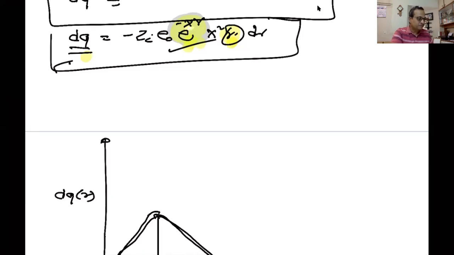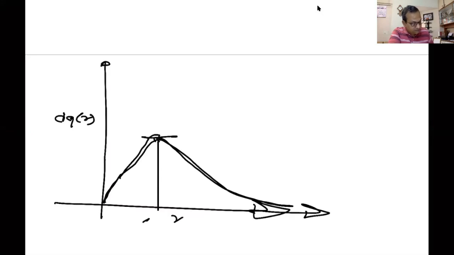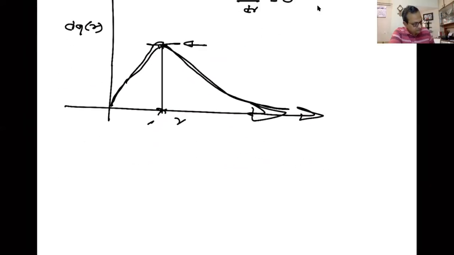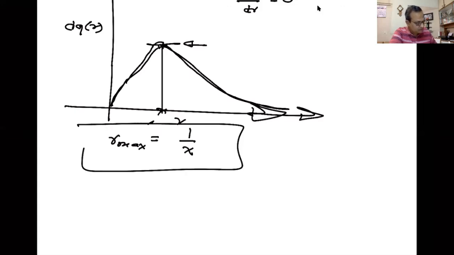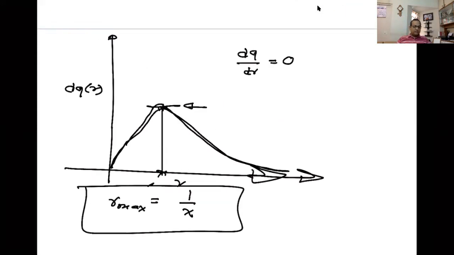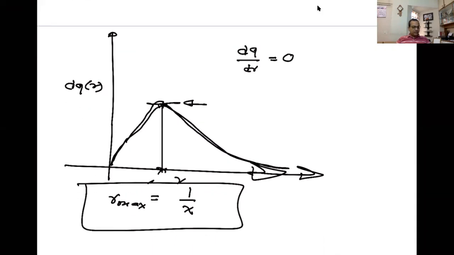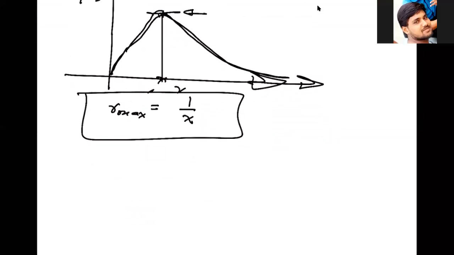At that maxima, dq by dr is equal to 0, you'll find that r max is equal to 1 upon chi.